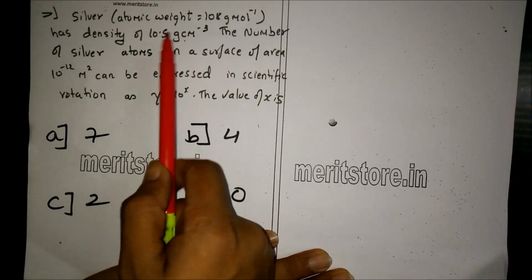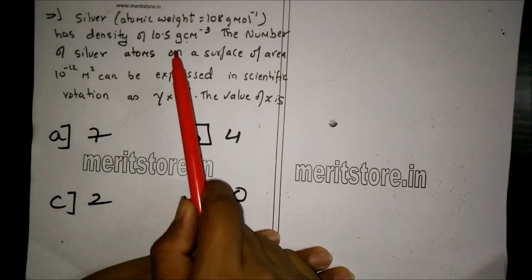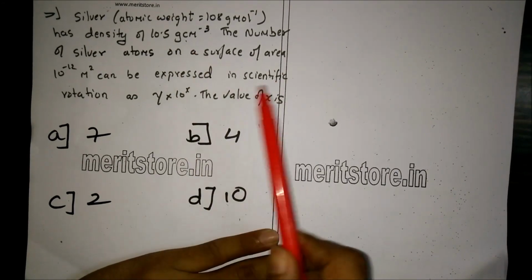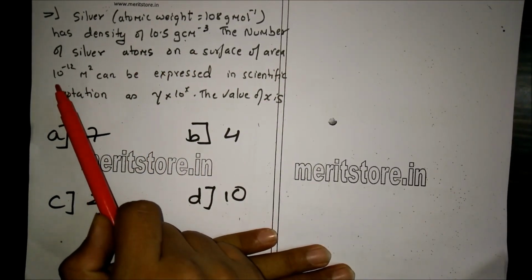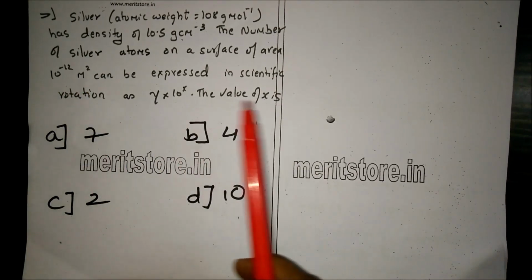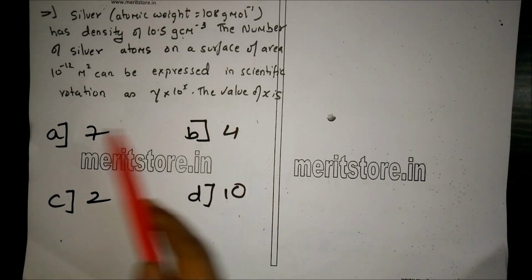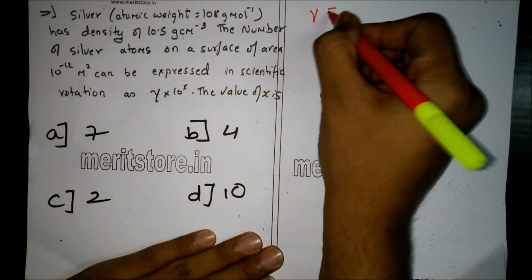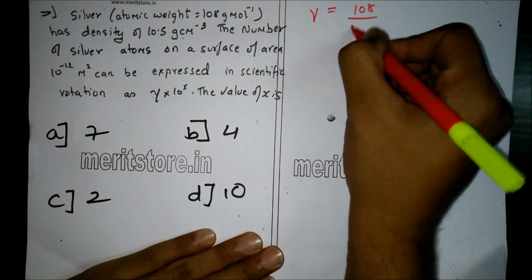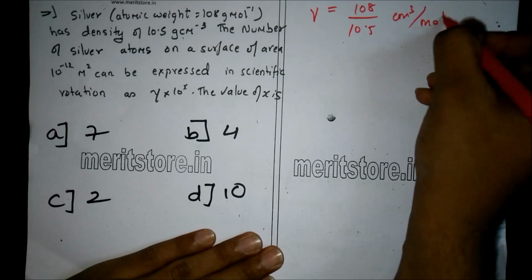Silver, atomic weight 108 grams per mole, has a density of 10.5 gram per centimeter cube. The number of silver atoms on a surface of area 10 raised to minus 12 meter square can be expressed in scientific notation as y into 10 raised to x. The value of x is, here are the options. Now the volume of 1 mole of silver atoms V is equal to 108 upon 10.5 centimeter cube per mole.